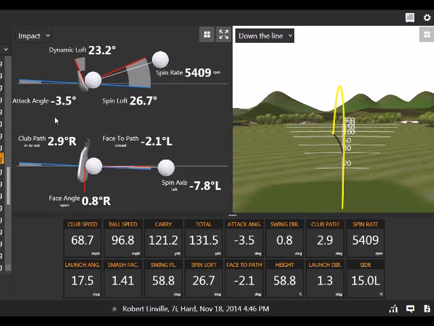So in general, focus here and focus on centered contact. Those are the two things that produce the most inconsistency.